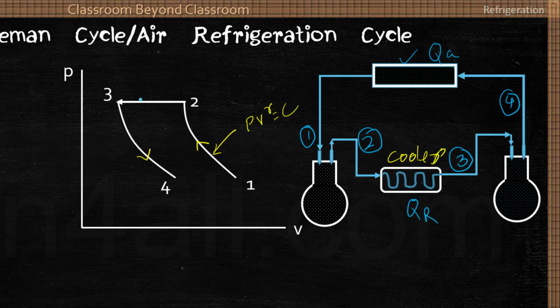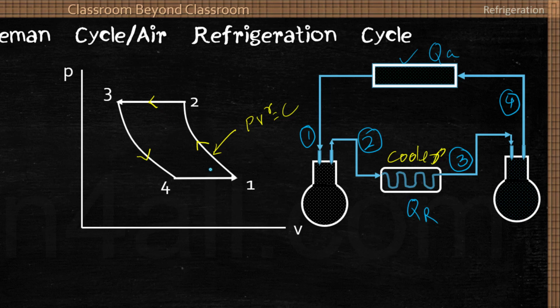So due to expansion, what is happening? You can tell me pressure, temperature and volume. Volume is increasing, that is called the expansion process. So next process is 4-1. Then 4-1 is what type of process? Heat absorbed at low temperature, and during this process also the pressure remains constant. At low pressure, low temperature, heat is absorbed, and because of the absorption of heat at constant pressure, volume will increase.